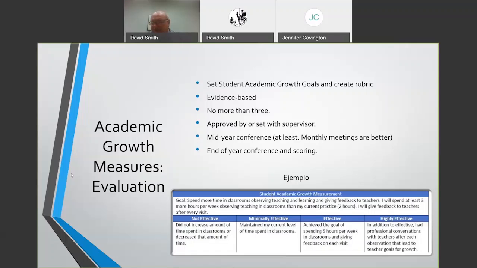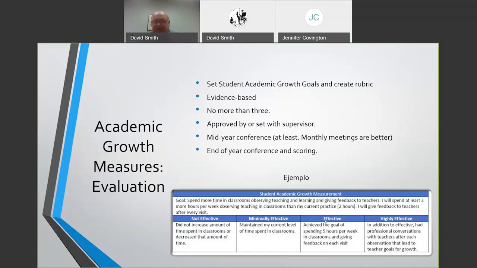Then the principal, in concert with their supervisor, would determine the rubric for that. What performance would constitute not effective? What would constitute minimally effective? Effective? Highly effective? This isn't just something where the principal gets to say what's going to count. It is done between the principal and their supervisor.